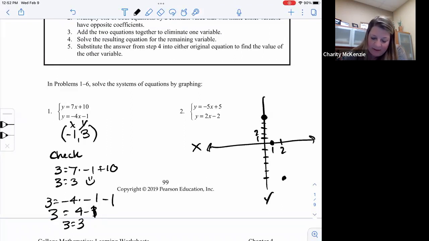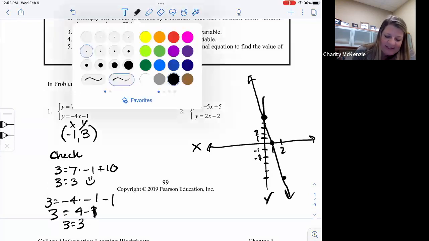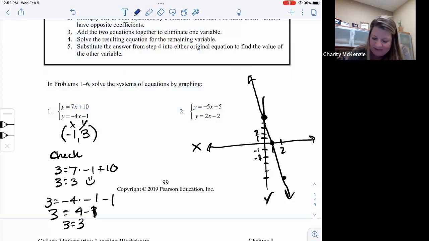So there we go, negative 1, negative 2, something like that. And so this is our first equation. Then our second equation would be starting at negative 2 and then up 2 over 1, because you have to think of this as over 1 if you're wondering where that comes from. So here's our second equation.